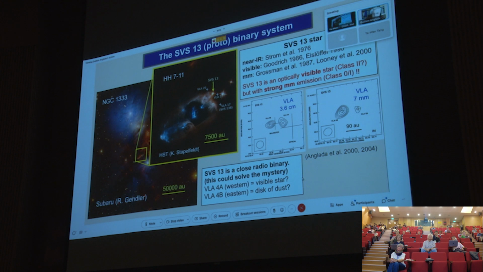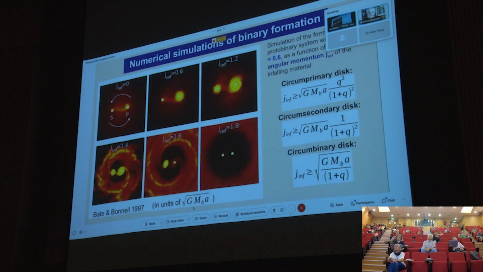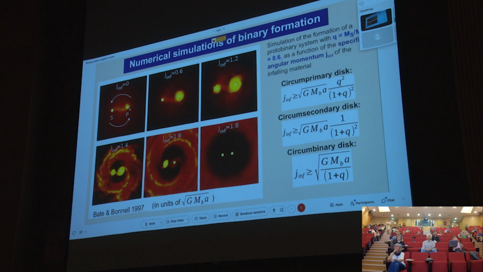The formation of one or two disks in a binary system depends essentially on the specific angular momentum. If the angular momentum is low, then one circumstellar disk is formed around the primary.